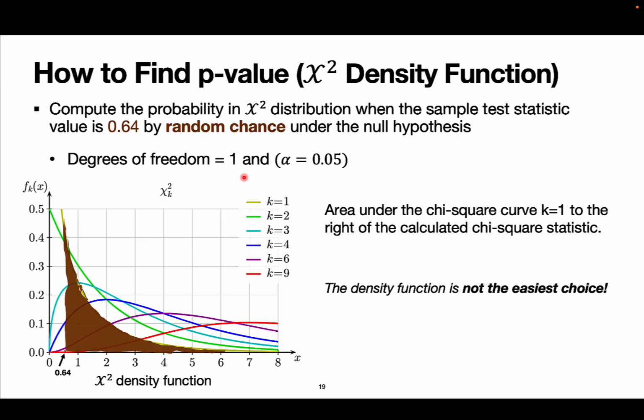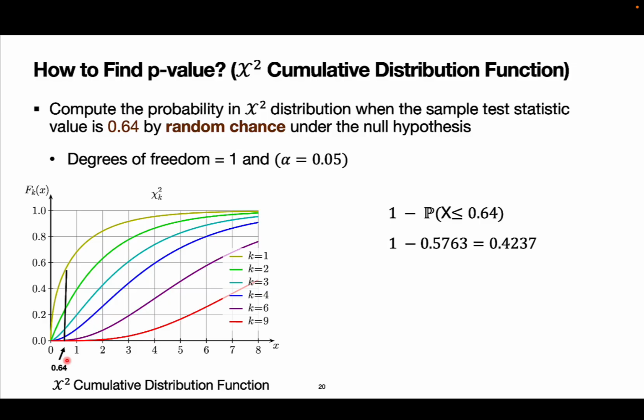The first method is using the chi-square density function. So I'm going to look up the curve where k equals 1, and on the x-axis 0.64 lies here, and integrate the area under the curve, which is really not the easiest way to go about it. Another method is using the chi-square cumulative distribution function.